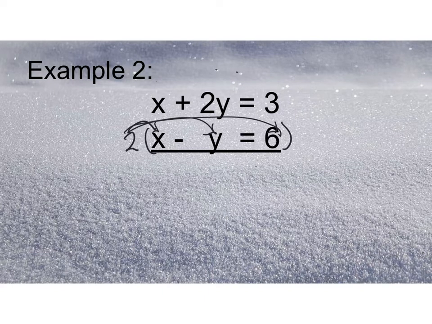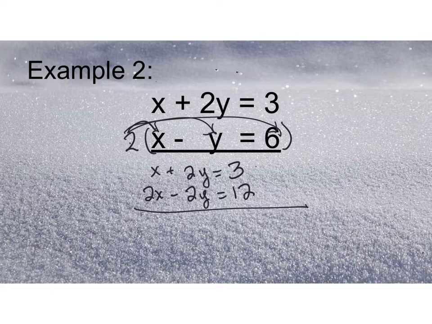So when I rewrite this, my top equation does not change, but my bottom one will. So 2 times x becomes 2x, 2 times a -y becomes -2y, and 2 times 6 becomes 12. Now we just have, it's a little bit different look, but we should get the same answer.